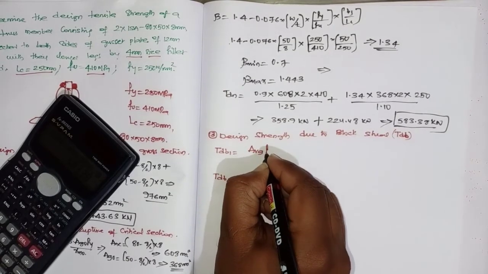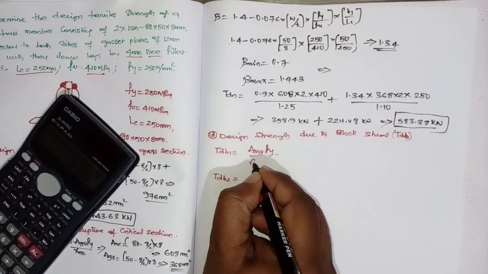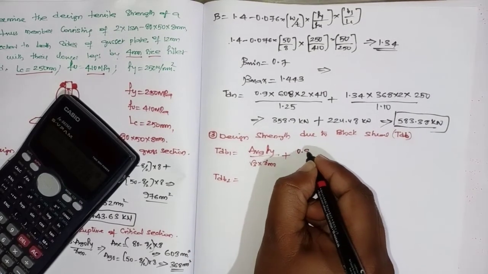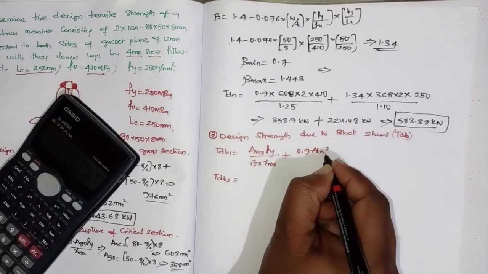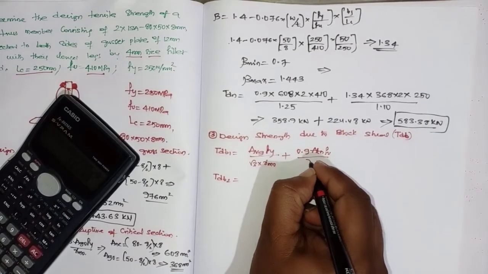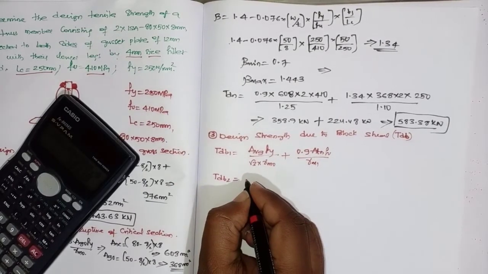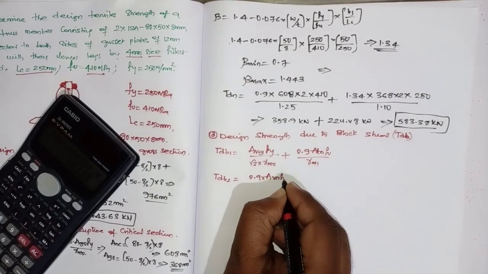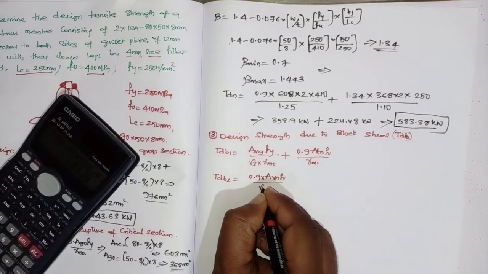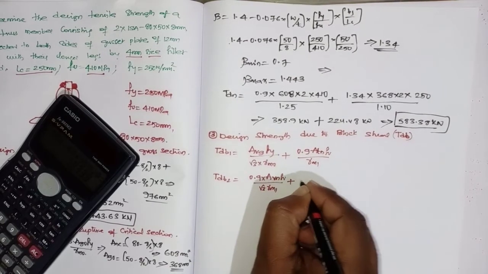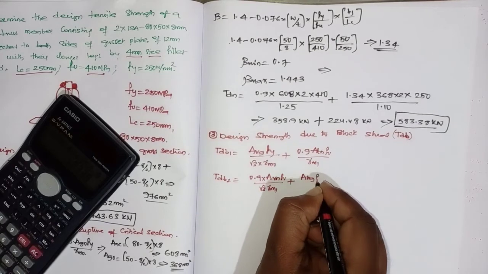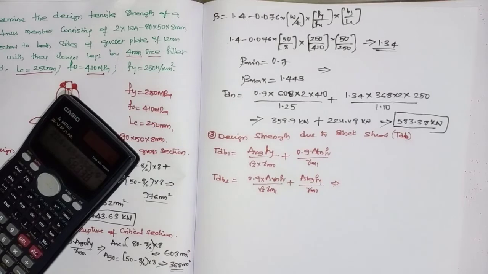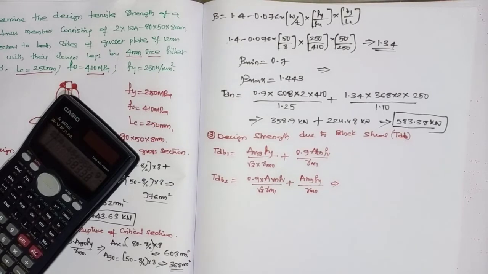Avg Fy by root 3 into gamma m0 plus 0.9 Atn Fu by gamma m1. And what is the formula for this one? 0.9 into Avn Fu by root 3 into gamma m1 plus Atg Fy by gamma m0. Okay, this is the formula.